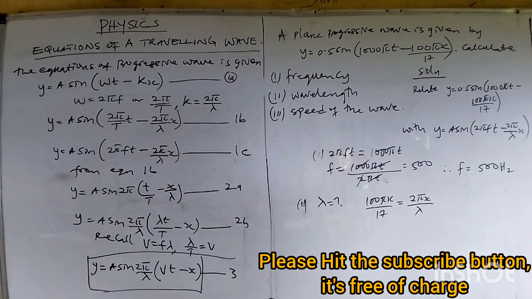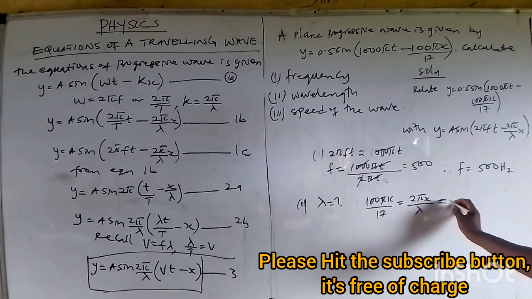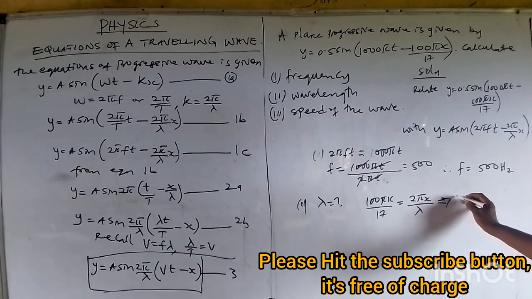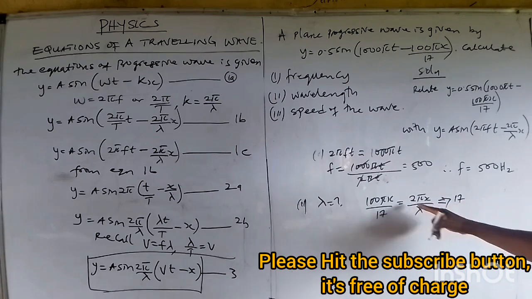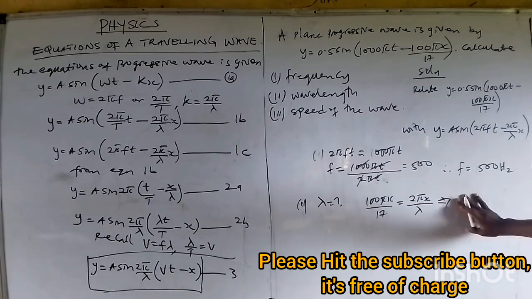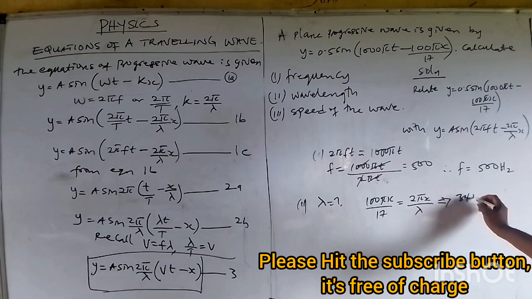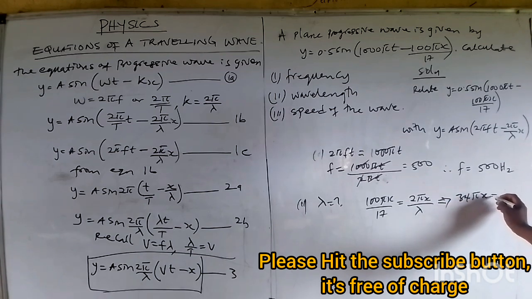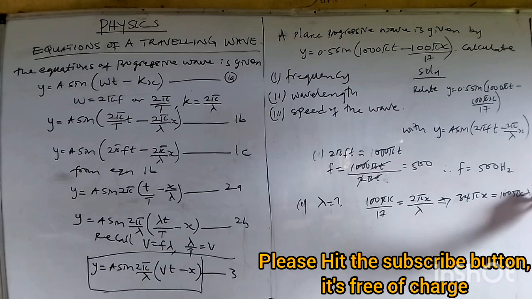If we cross multiply, 2 times 17 gives us 34, so 34 pi x is equal to 100 pi x lambda.